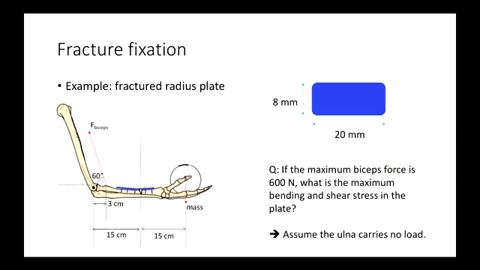So at that plate, the top surface is in tension, the bottom surface is in compression. Okay. Right, so that's all well and good. We know the bending moment, we know the shear force.